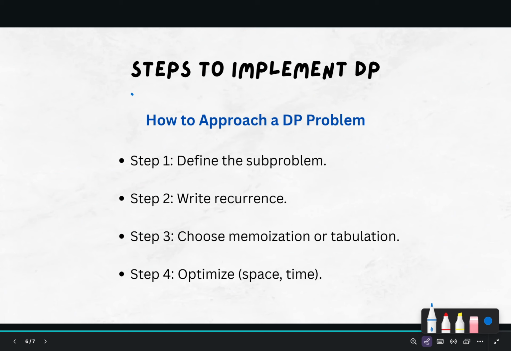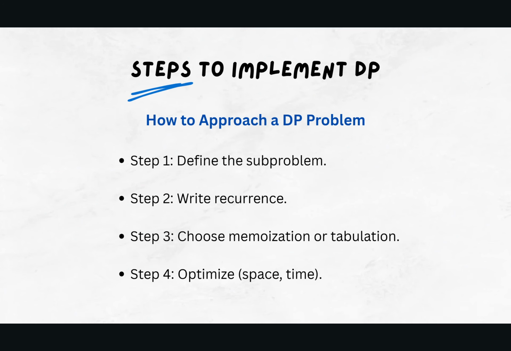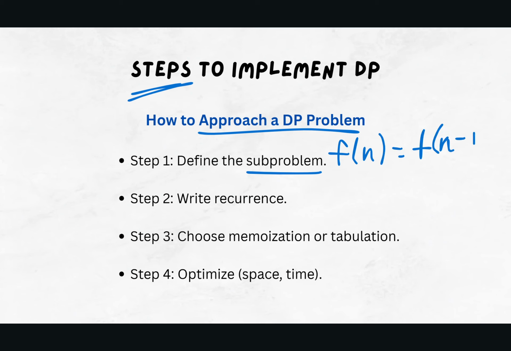And now what are the steps to implement DP, like how to approach a DP problem. So first we will define the sub problem. Like in our Fibonacci examples, we said that f of n is equals to f of n minus 1 plus f of n minus 2, right? So this is the larger problem f of n, and these are the smaller sub problems.